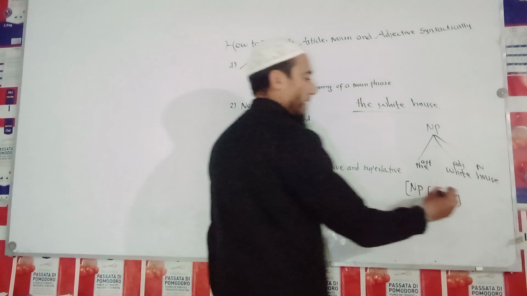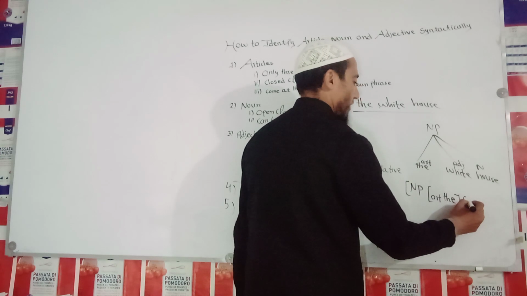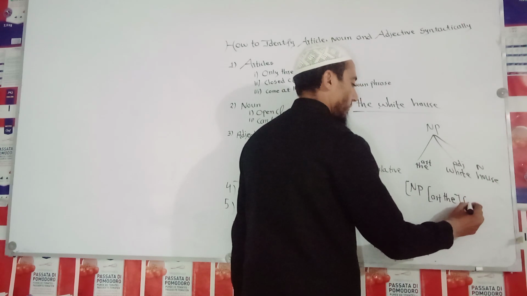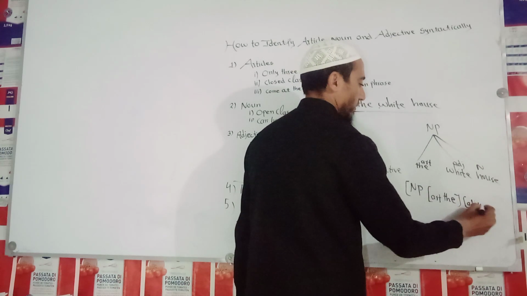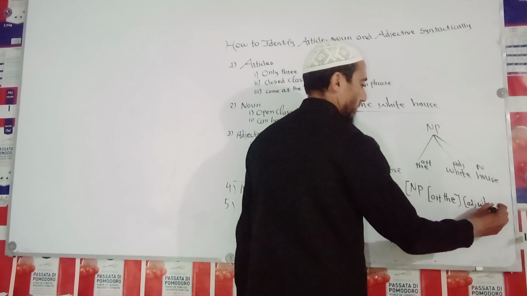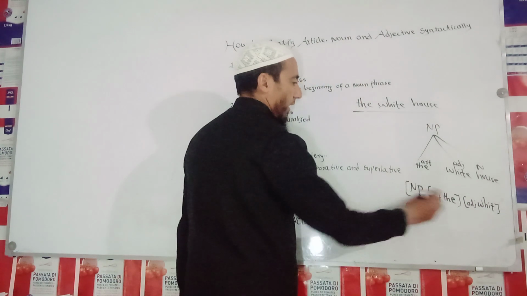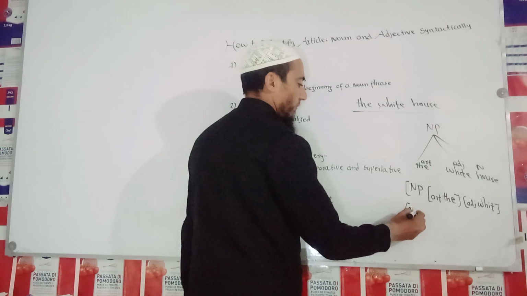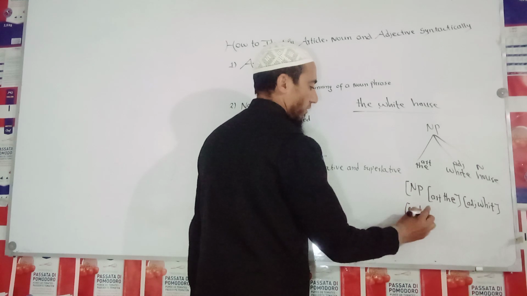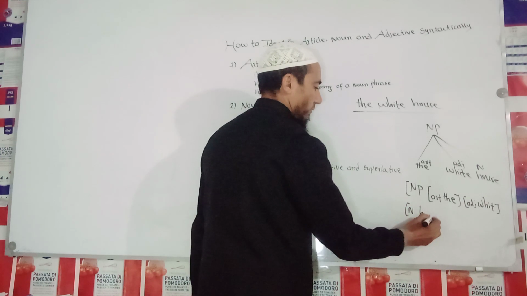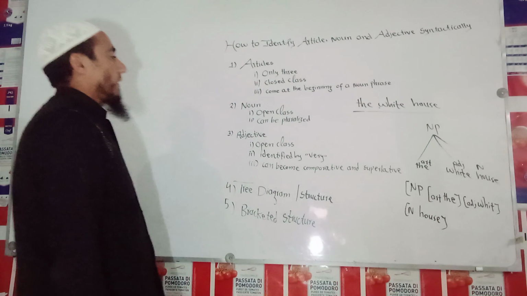And after that we have white, which is an adjective, so I'm writing ADJ. After that, that is white. And then we have a noun, so that is house, no need for a comma. So that is the bracketed structure for it.